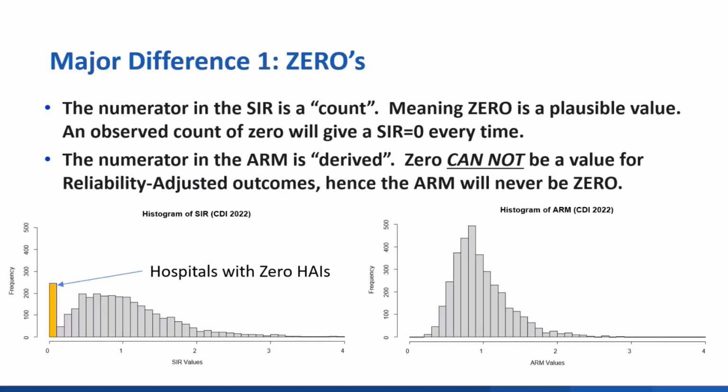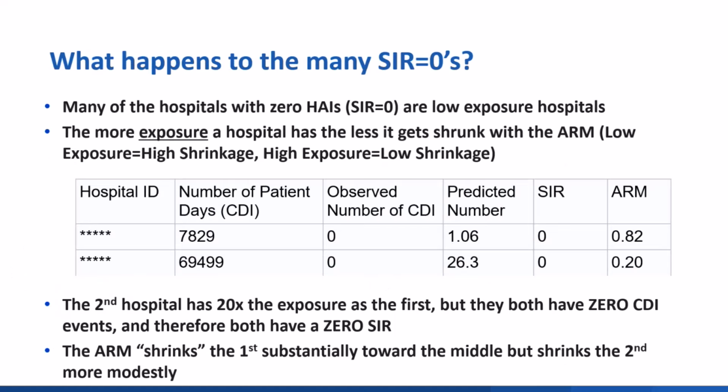Now, the obvious follow-up question here is, on the left, we have a whole bunch of zeros. On the right, we don't. What happens to them? So this is a great spot to talk about the relationship between a hospital's exposure and how the ARM shrinks their estimates. So many hospitals that have 0 HAIs or a SIR equal to 0 are low exposure hospitals.